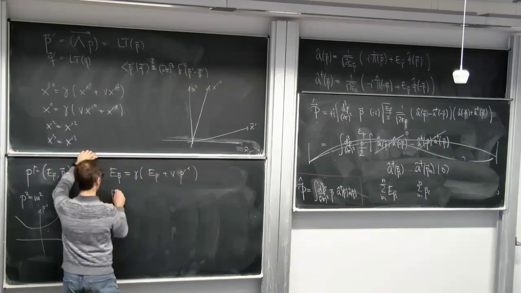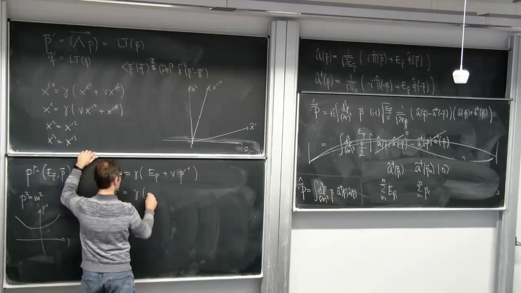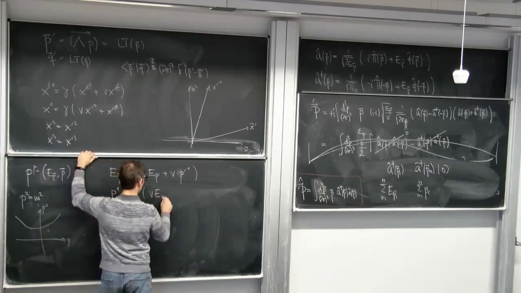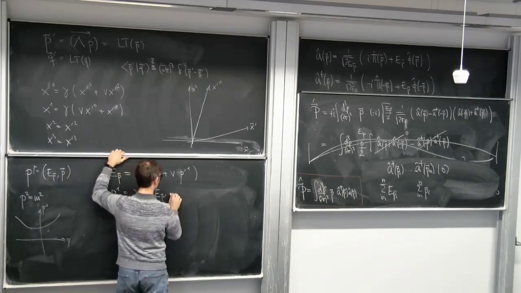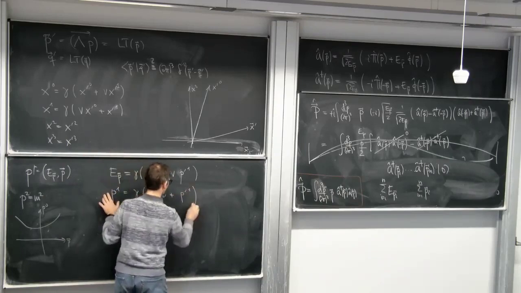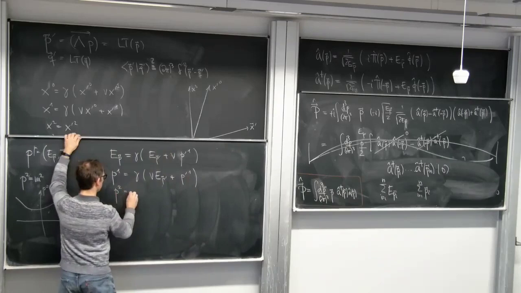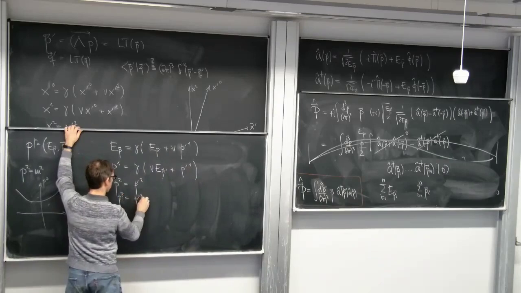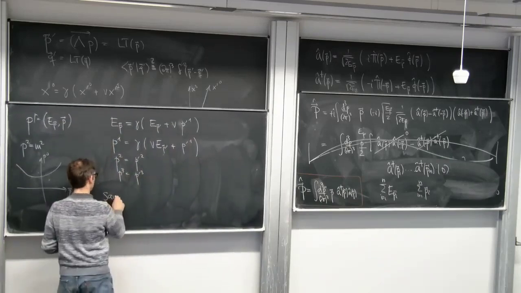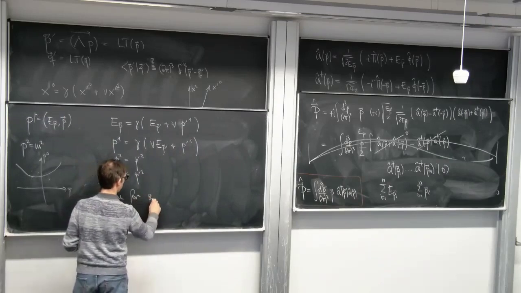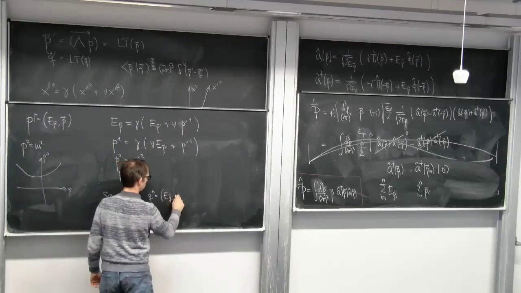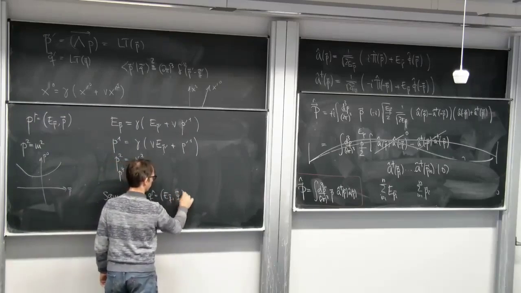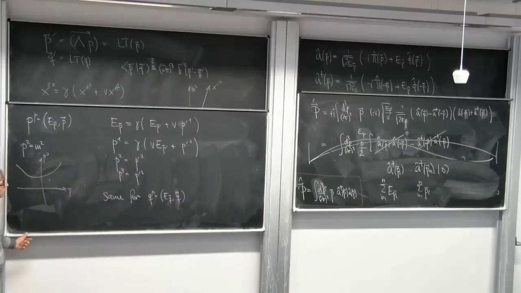Then we have the P1, which is gamma V E of P vector prime plus P prime 1, and the P2 is just the P prime 2, and the P3 is the P prime 3. And the same for Q, which is an E of Q vector. All right, so this is how these things transform.